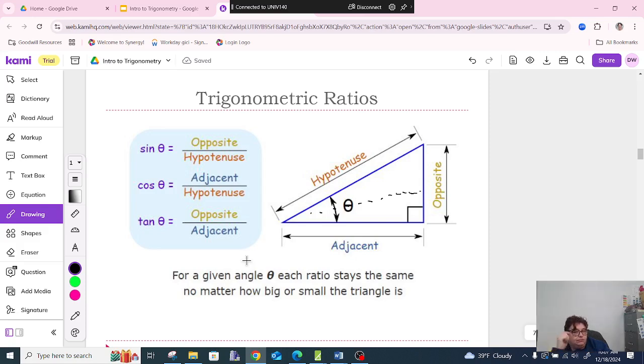Across from the angle is opposite. Then across from the 90 is always your hypotenuse. And then the leftover one that you haven't marked yet, which helps make the right angle, is adjacent. So you always label adjacent last.